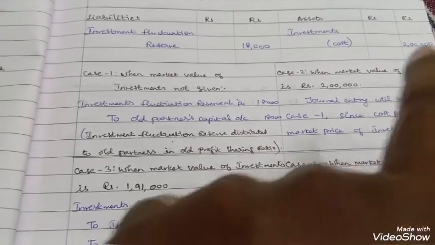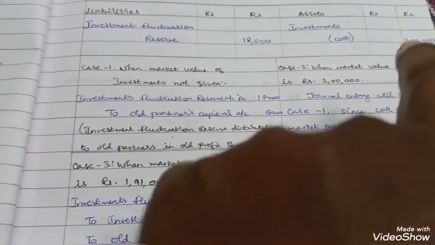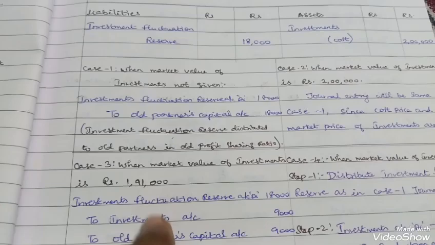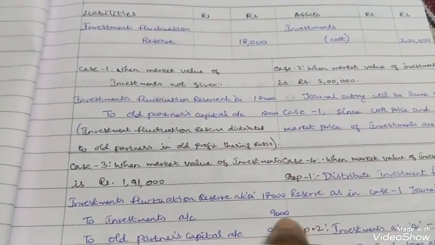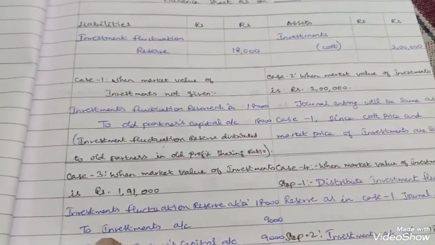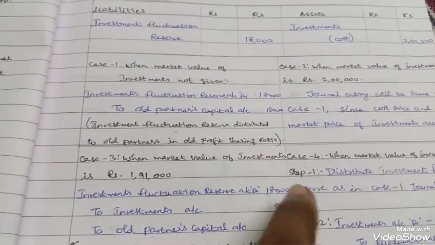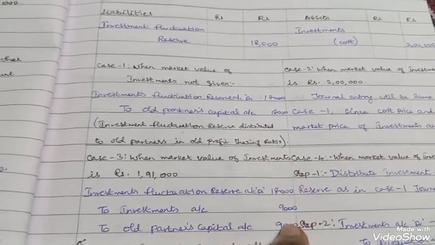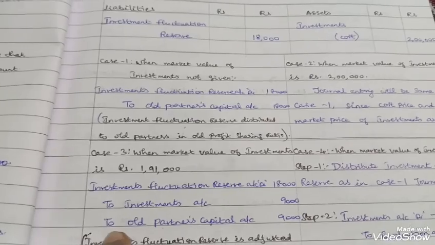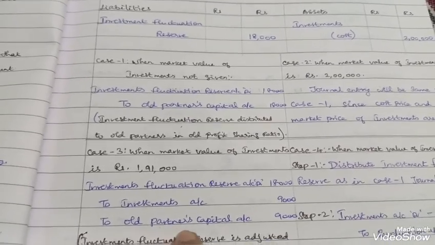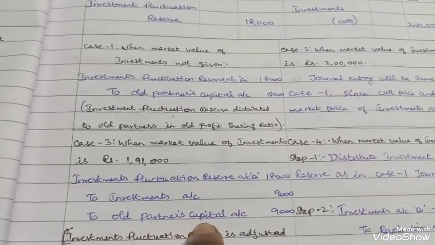The fall in the market value of the investments, 2 lakh minus 1 lakh 91,000, is 9,000. So to investments account 9,000, and the remaining 18,000 minus 9,000, that is 9,000, should be shared between the old partners in the old profit sharing ratio. That's all.